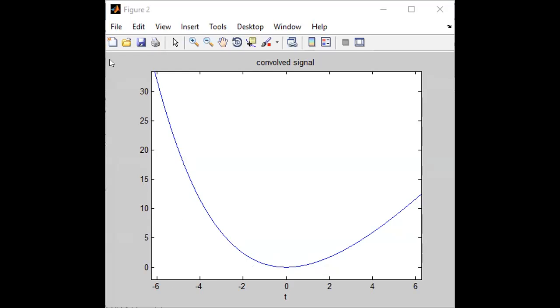So for whatever expression c we got, at t equal to minus 6, if you substitute, whatever amplitude is there will be plotted here. At t equal to minus 4, at t equal to minus 2, that is plotted here. Similarly, input signals are also plotted. Okay, so this is about convolution between two signals. Now next we will be discussing convolution between two sequences. Okay. Thank you.